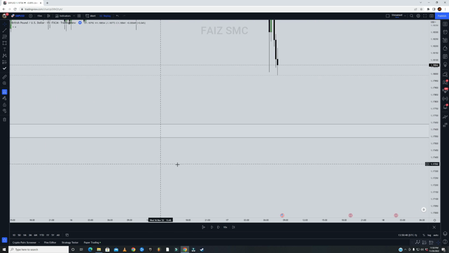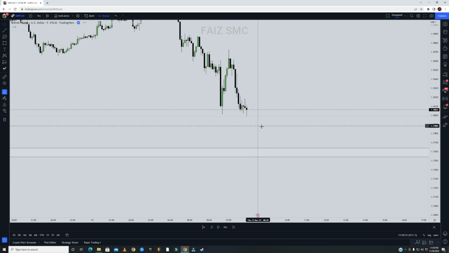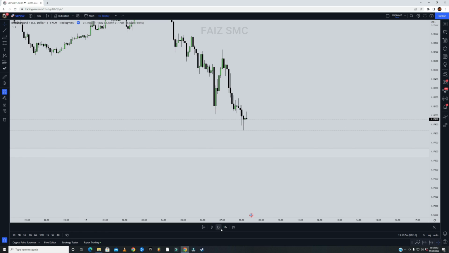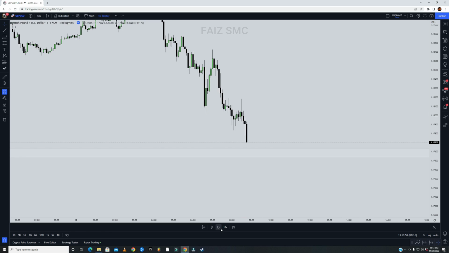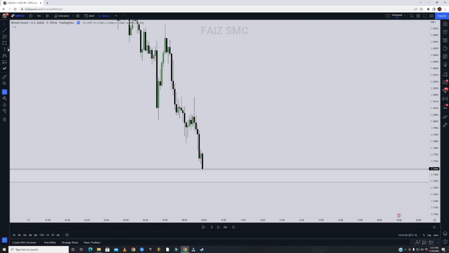So this is our refined POI. Now what we want to do is go back to the 5-minute time frame from here, and we wait for price to create a turtle soup pattern, and that happened quite nicely. As you can see, we have A, B, and then we have C right here.